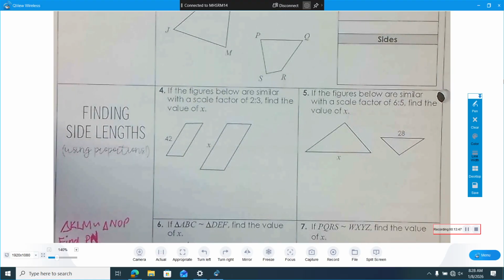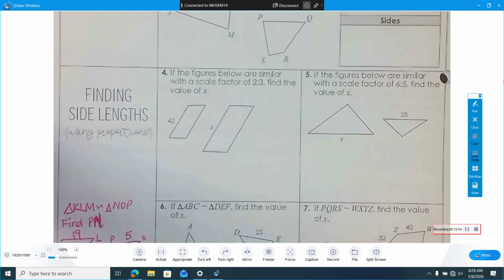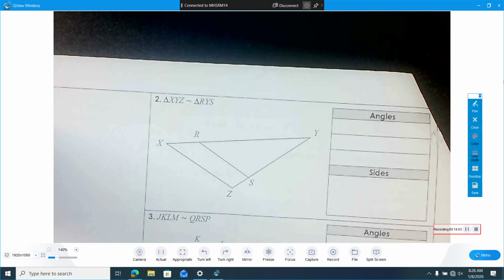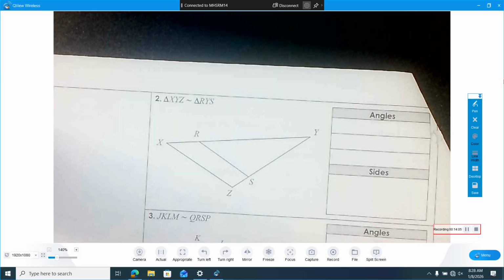Do I want to skip down to number 4? I kind of don't really want to skip down to number 4. I think I got it. I want to try number 2. Let's try number 2. That looks interesting. Number 2? Okay. That looks weird.